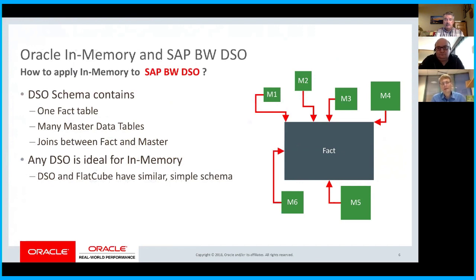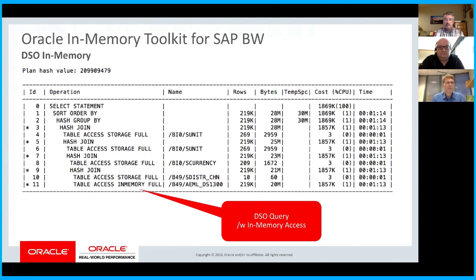So any DSO you have available today can take advantage of this, and you can apply in-memory to it and take advantage of that schema. Here is an example when we applied in-memory to a data store object. You see in the execution plan that in the center, on the bottom, the table starting AML DS routine is accessed in full in memory in the column store.